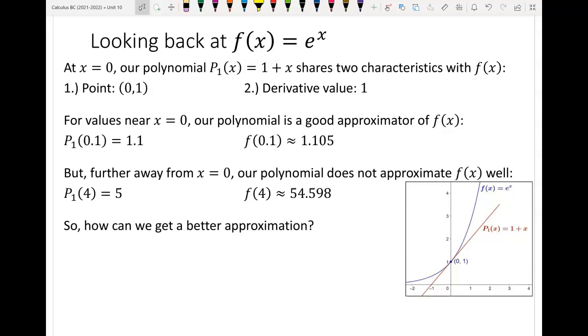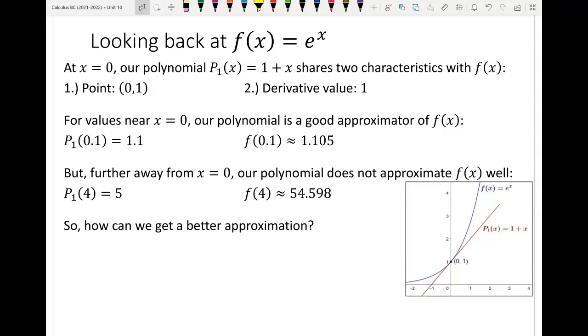All right. So if we look back at our f of x equals e to the x, at x equals 0, our polynomial shares two characteristics with the function: it shares the point and the derivative value. And for values near 0, our polynomial is a good approximator.